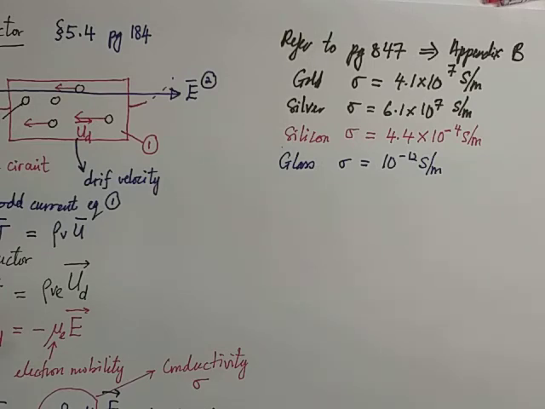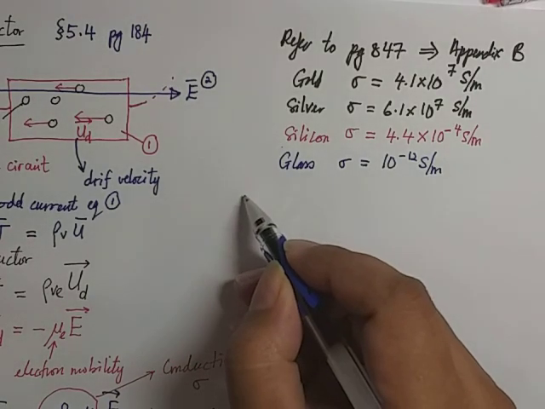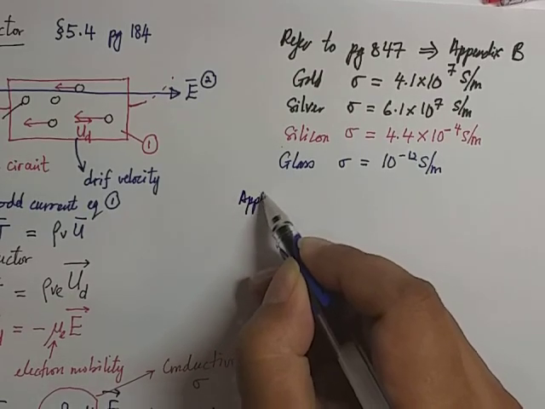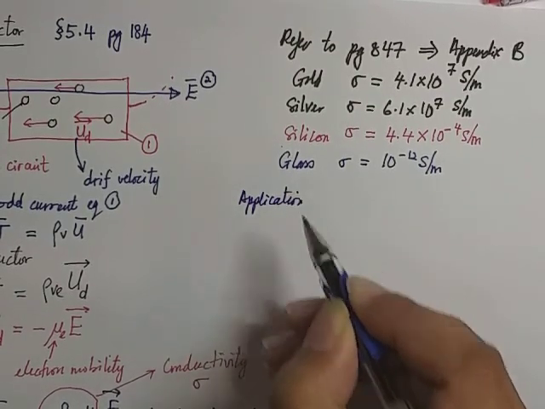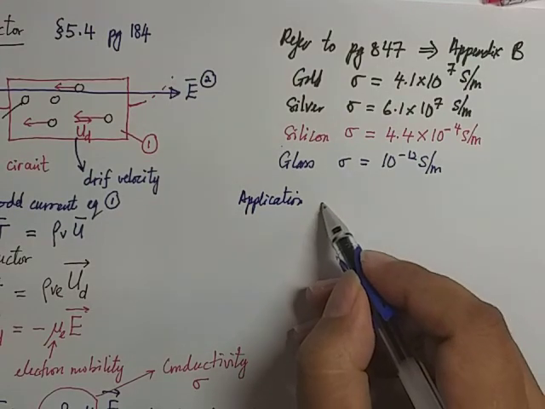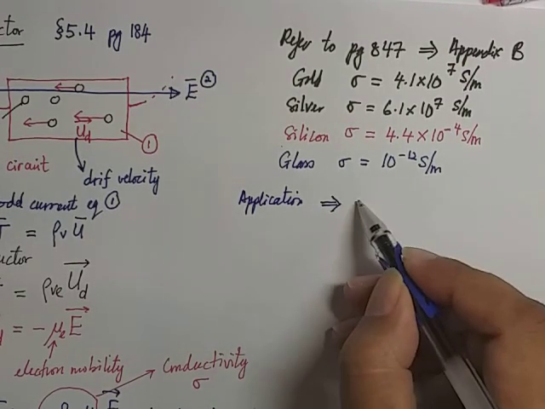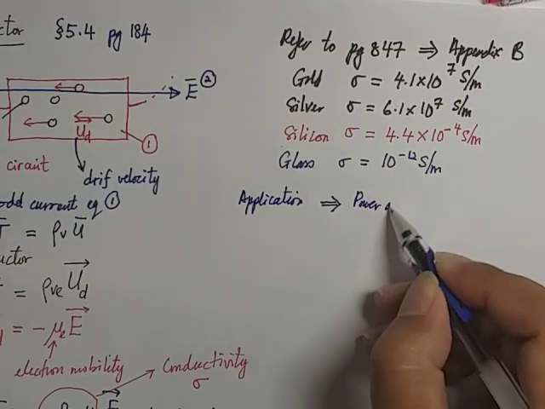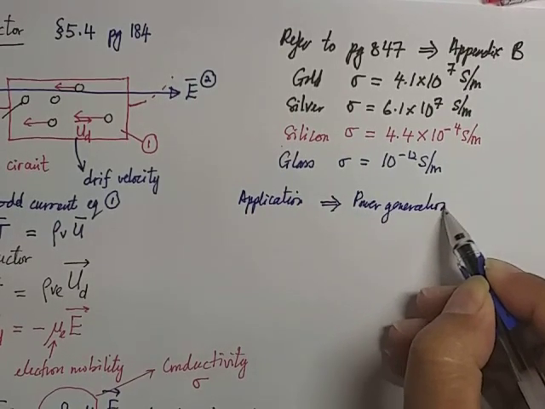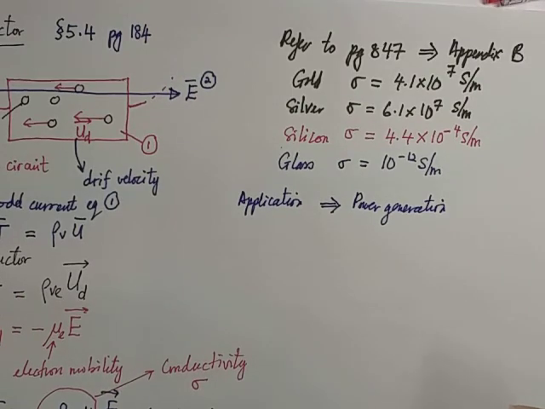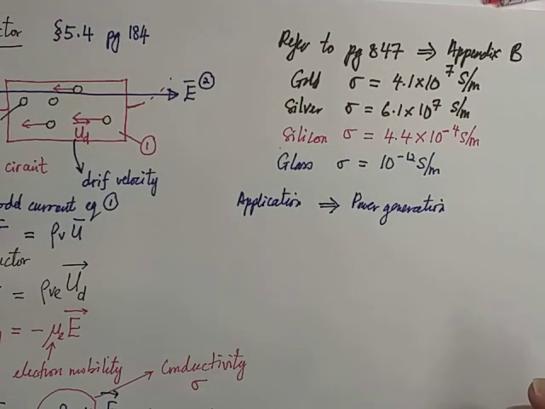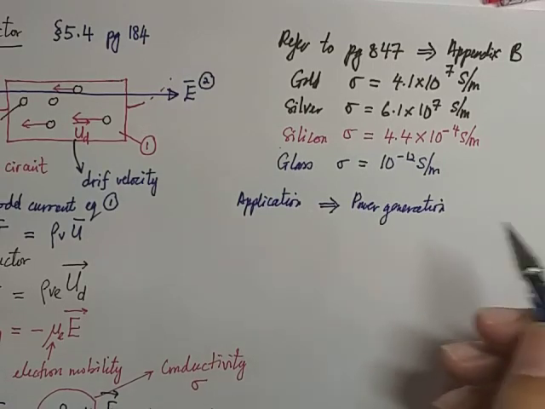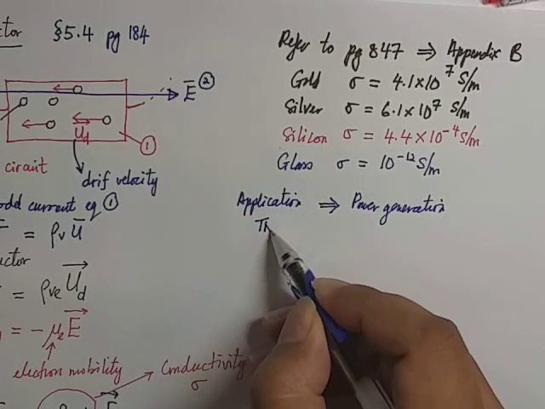So let's talk about power transmission, an application utilizing conductor material, in this case power generation. A company well known in Malaysia to transmit power from the generator to the customer is Tenaga Nasional Berhad, TNB.